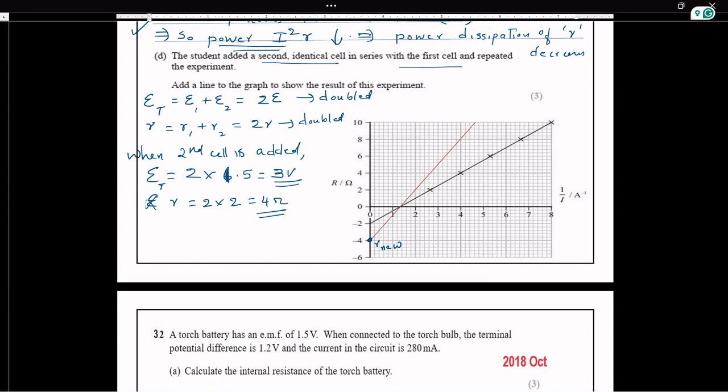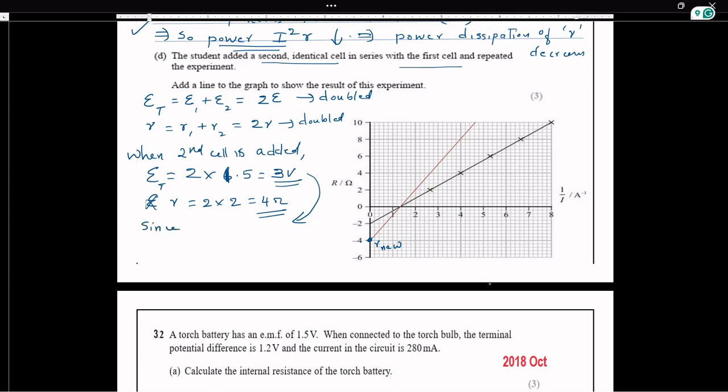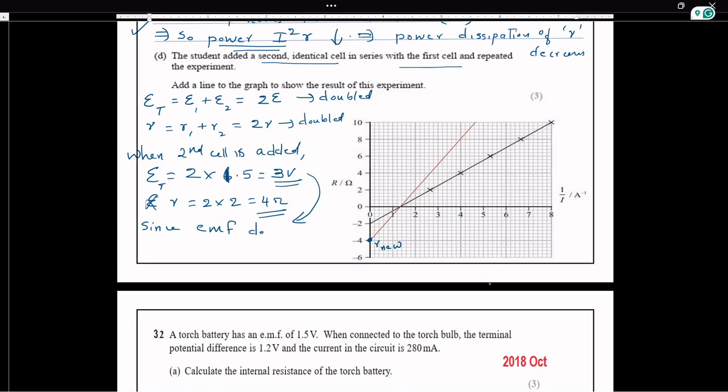And we need a graph of EMF 3 volt. EMF 3 volt means the gradient has increased. Since the EMF is doubled, the line becomes steeper, because EMF is the gradient.